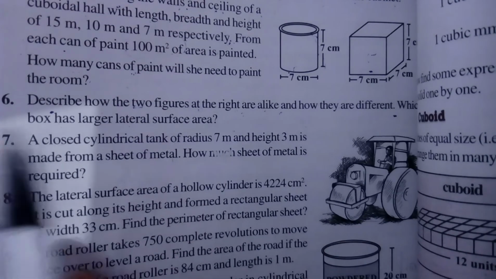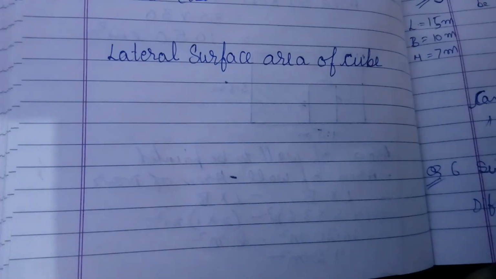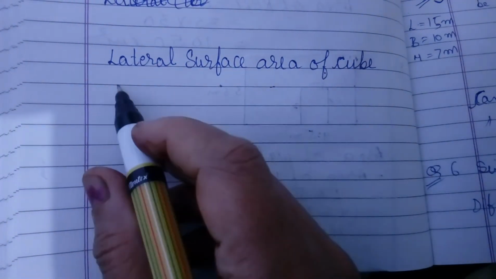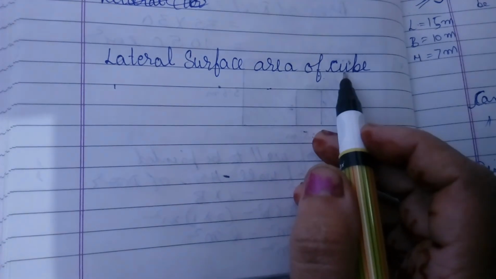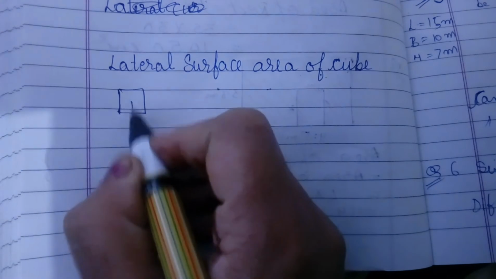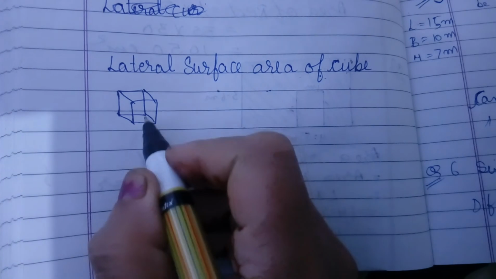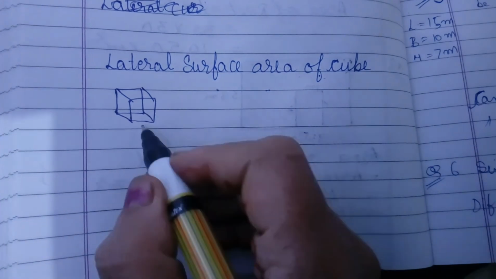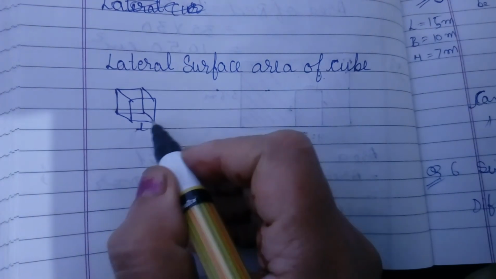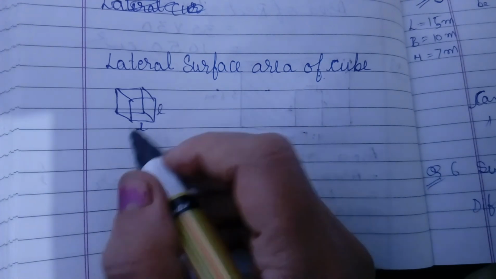Now, which box has the larger lateral surface area? Lateral surface area of a cube, as we have done for the cuboid. All the faces of a cube are of square shape. And what is the area of a square? Side into side. If I take the side as l, you can say l into l. Now 6 faces are there, so 6l square.